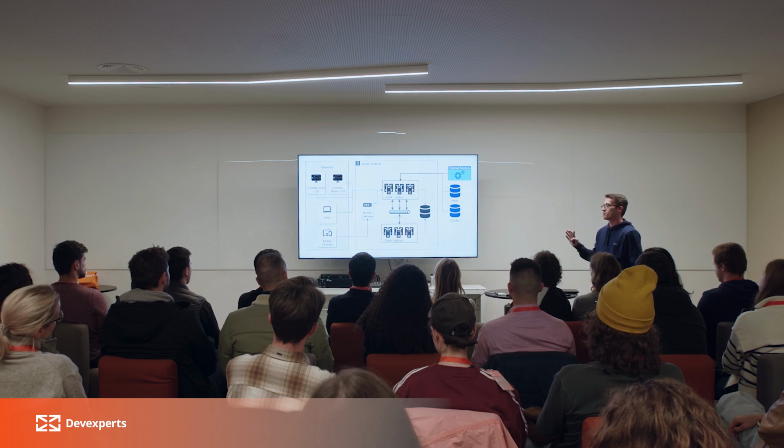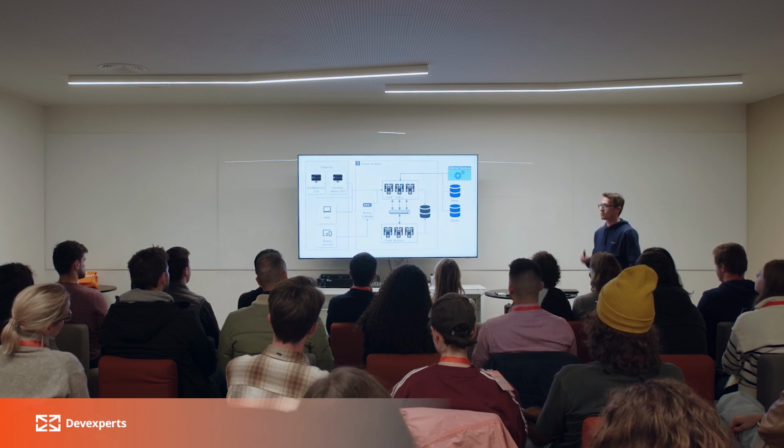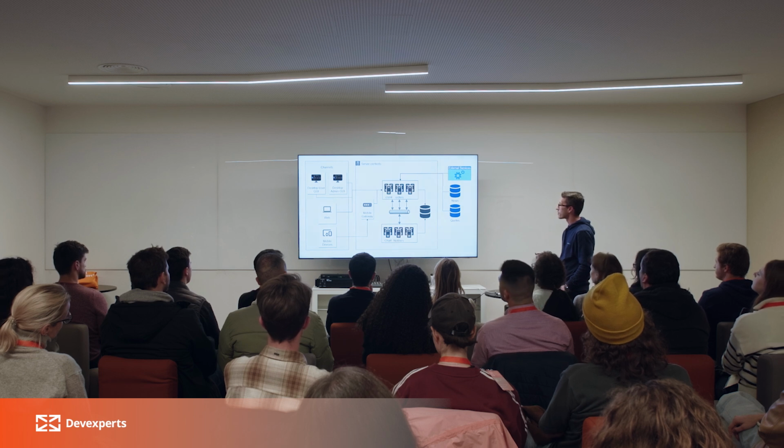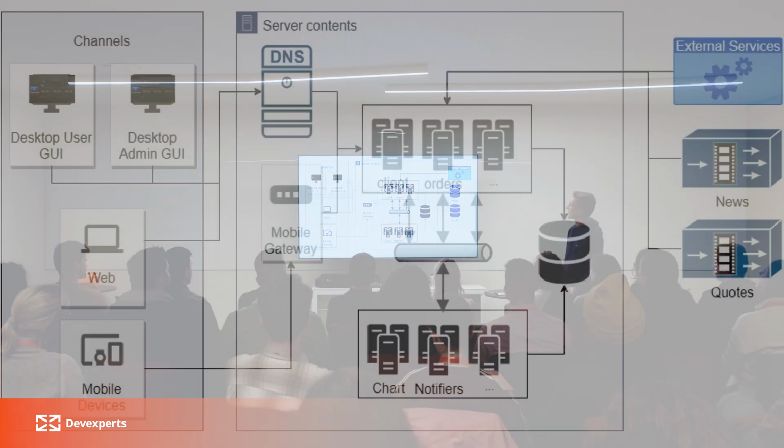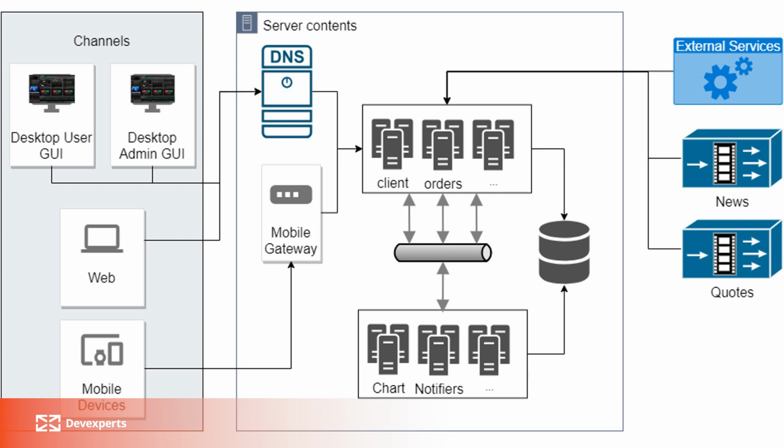And here is a simplified example of our architecture. As you can see, we have different UI interfaces. We have two different desktop applications: one is the user application, another one is the admin application. And we have web and mobile devices accessing our platform.